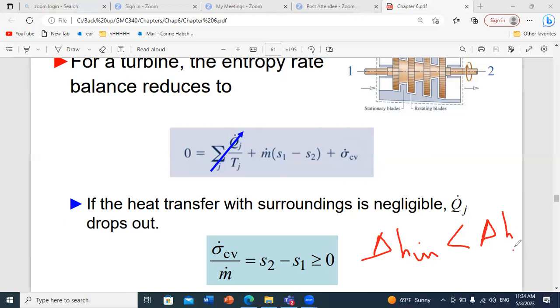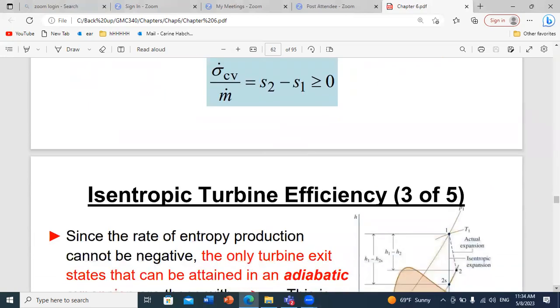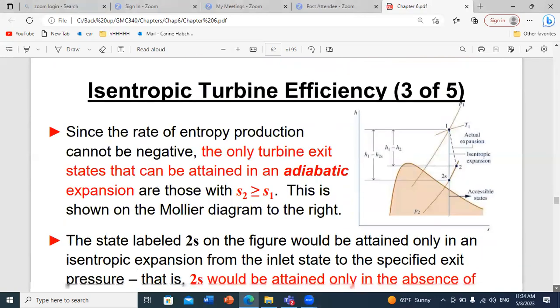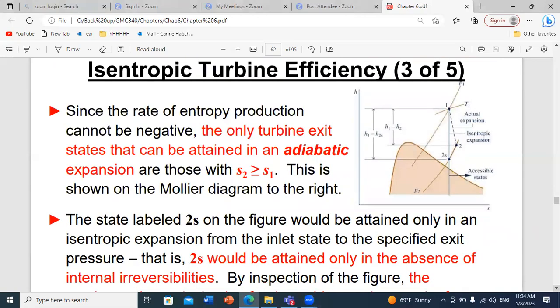Let us do the interpretation graphically to see this result. If you take the graph of the process that is happening in the turbine, what is happening in the turbine? We know that h is decreasing because we have production of work. So let us illustrate the process in an h-s diagram. Here we have reduction in pressure because as we go in the turbine, the pressure will be reduced and h will be reduced.